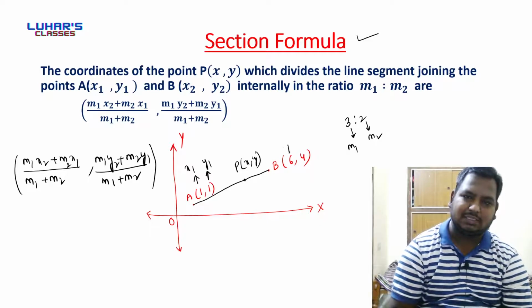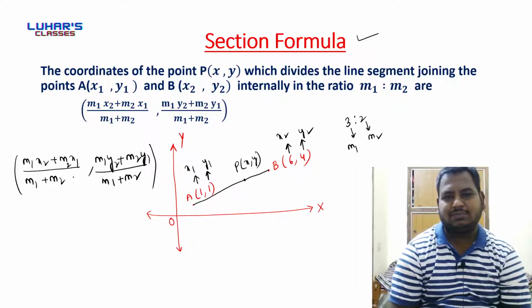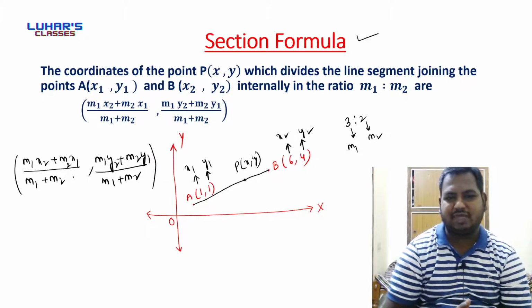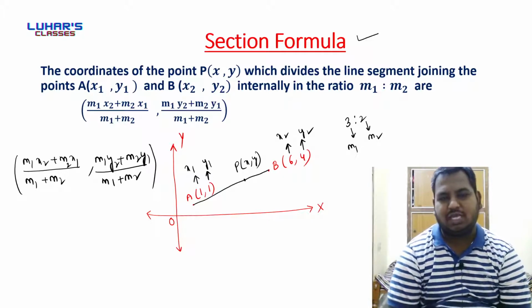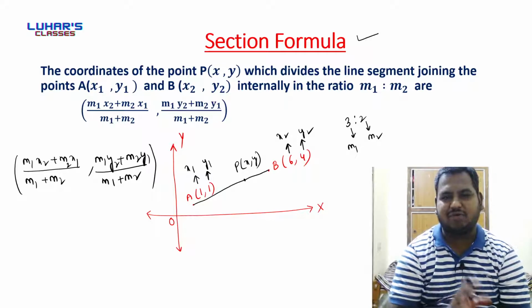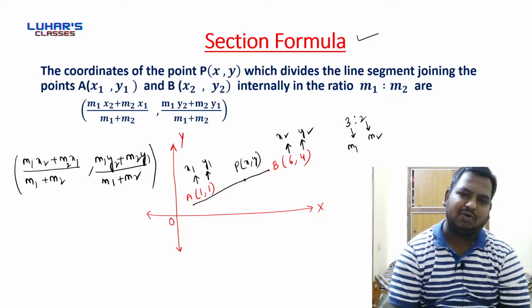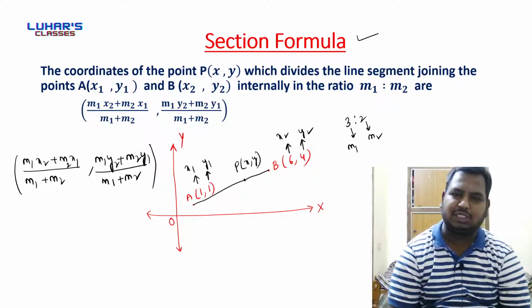This is x2 and this is y2. Done. So you know x1, y1, x2, y2, and you know m1 and m2. If we substitute these values in the formula, you are going to get a point which will divide the line segment AB in the ratio 3:2.